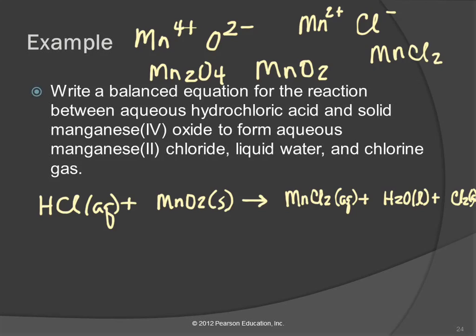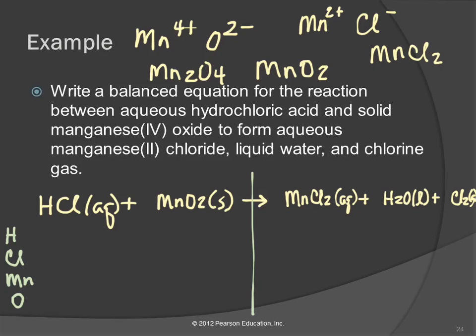So we've been practicing our tally method, so we'll keep going with that here. I'm going to go left to right and just write down the different elements that I have. I've got H, I've got Cl, I've got Mn, and I've got O. 4 different elements this time.